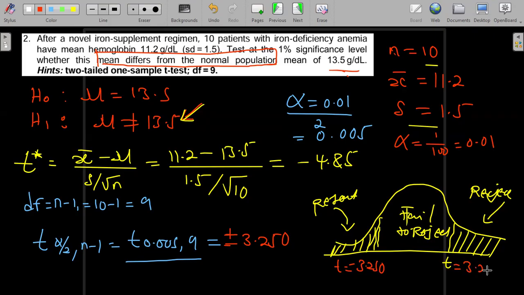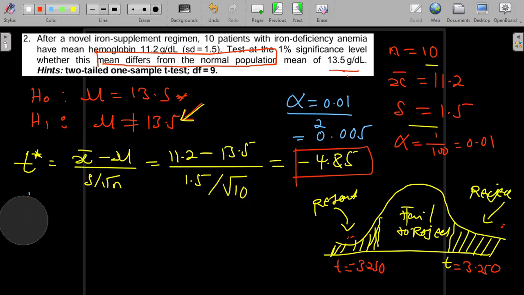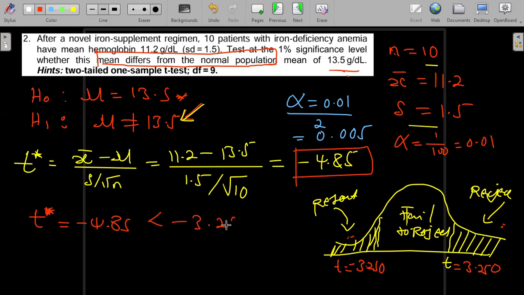If the value that we found is in this region or in this region, we are going to reject the null hypothesis. So what do we see? We see that the t calculated, which is minus 4.85, is actually less than minus 3.250.